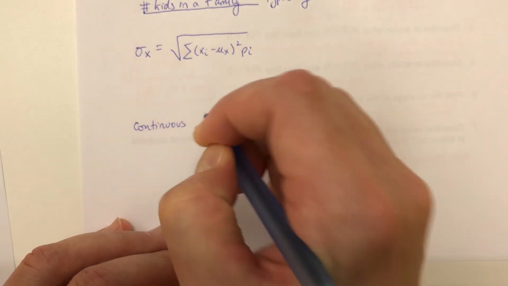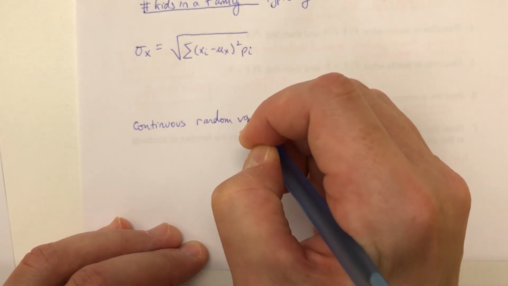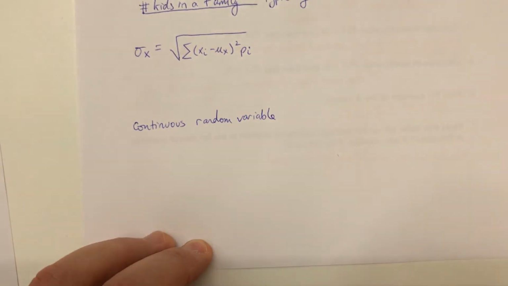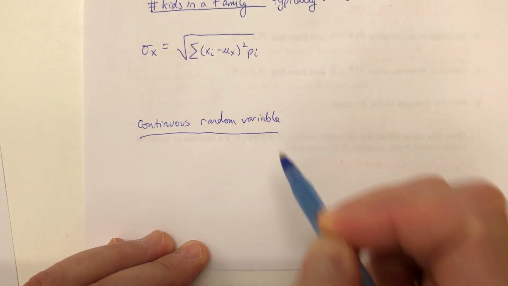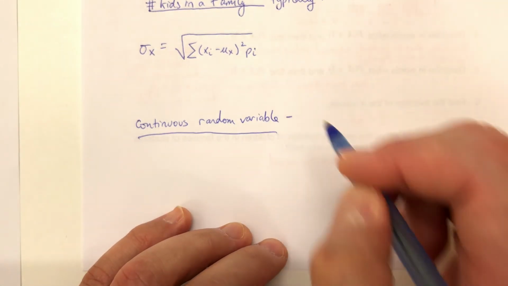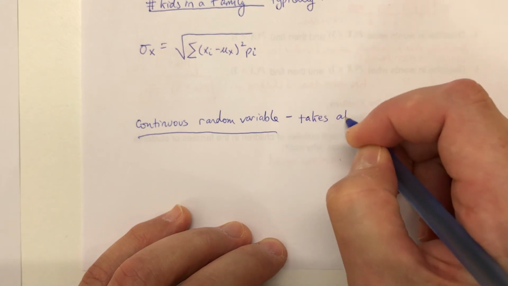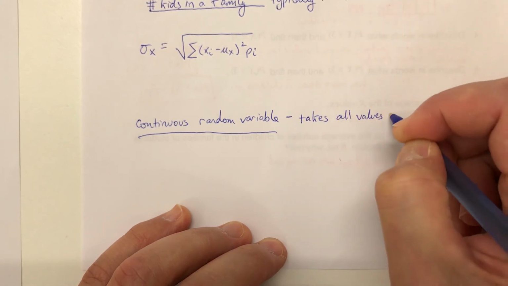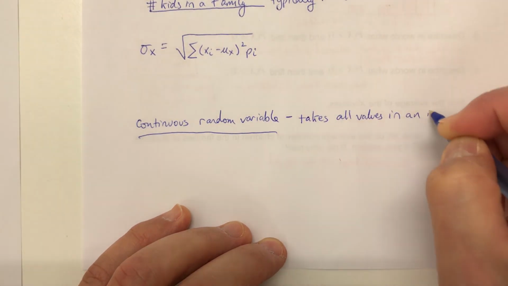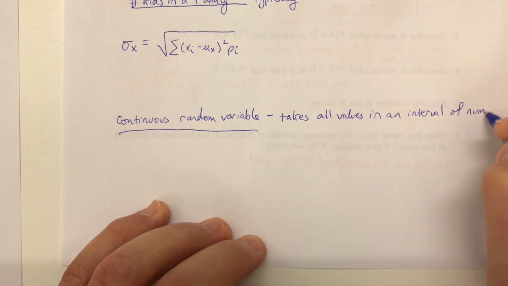And we talked during class also about the idea of a continuous random variable. And that might be something like if we're measuring time, if we're measuring heights, weights, things like that. Because the continuous random variable takes all the values in an interval of numbers.